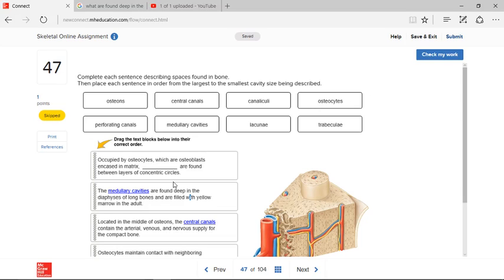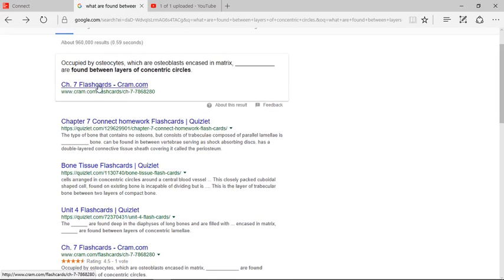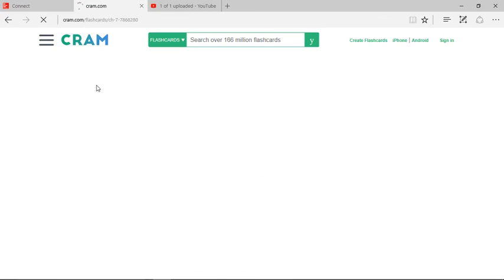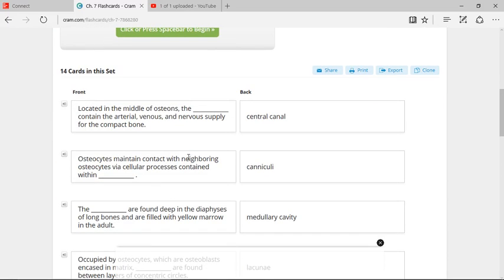You guys might even be searching it up, trying to figure it out as well.